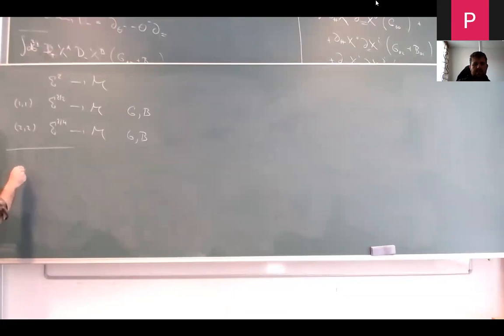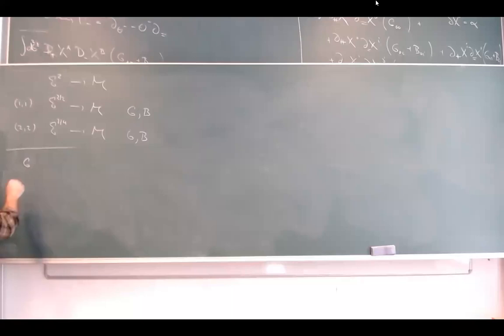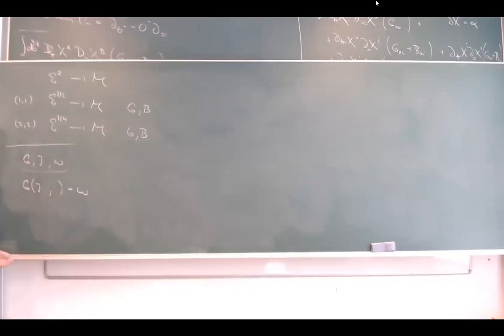They come equipped with the metric G. And they are complex, so they have a complex structure J, which is integrable, and omega, that's a Kähler form, and these three structures interact. So basically, this is the omega, right?